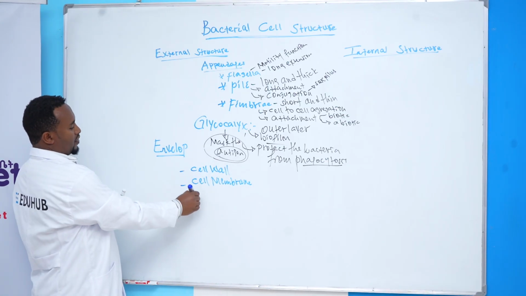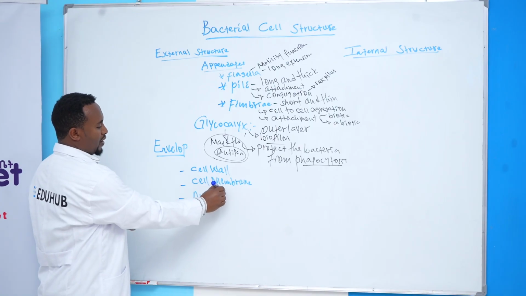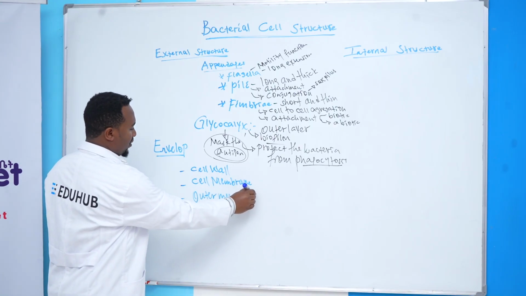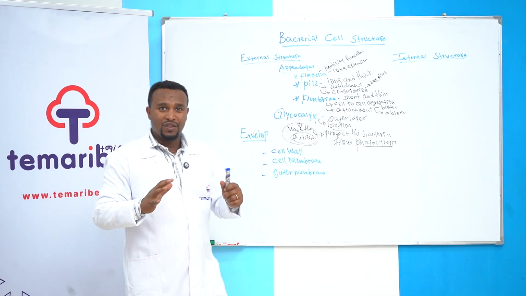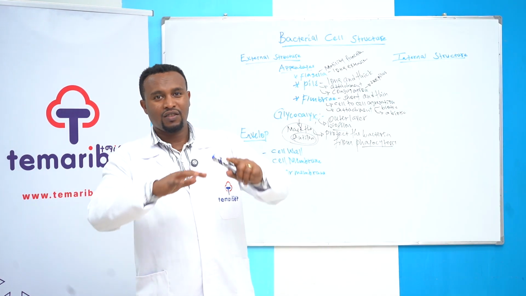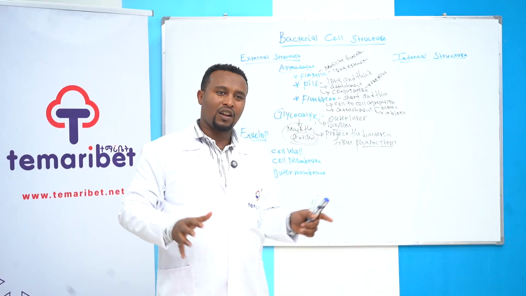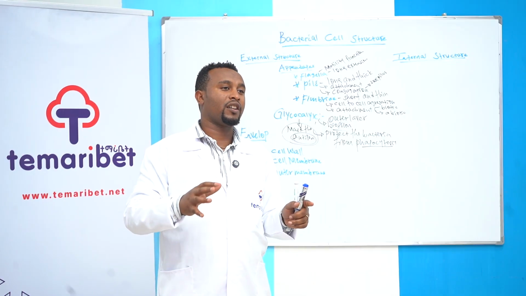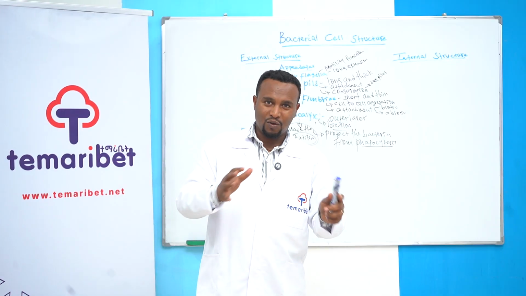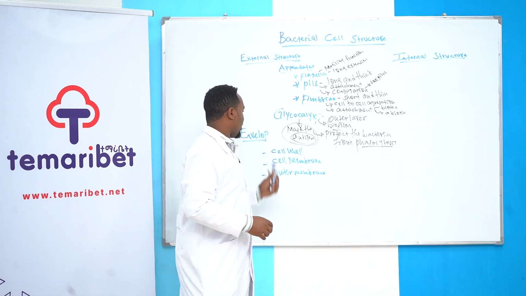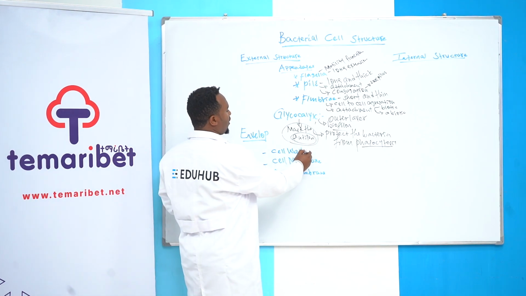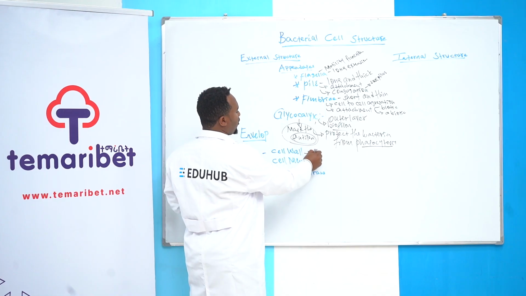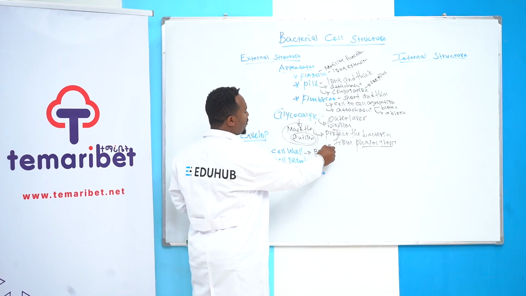In addition, there is the outer membrane. The envelope surrounds the internal, very sensitive parts, the organelles of the bacteria. The cell wall is made up of peptidoglycan.